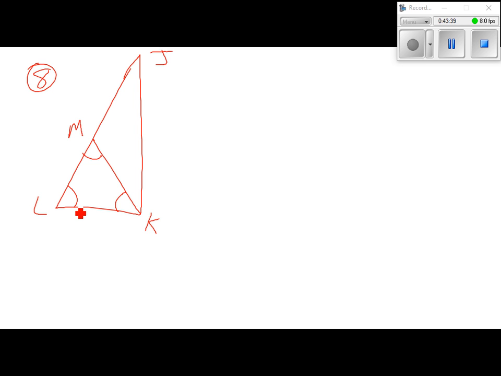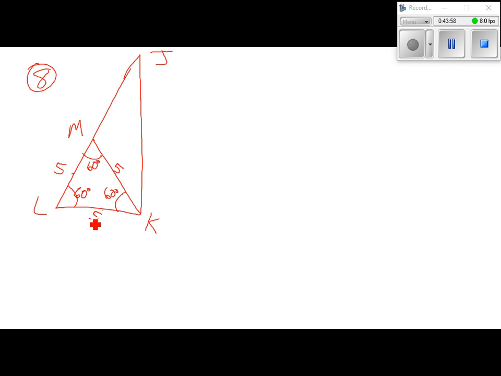The angles are all congruent. Tell me the measure of angle L right here. 60 degrees. What do we know about all the sides? They're all congruent. This one's 5, so what's this one? What's this one?